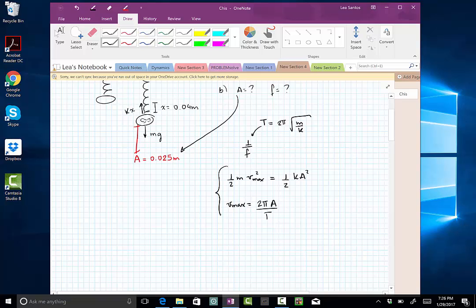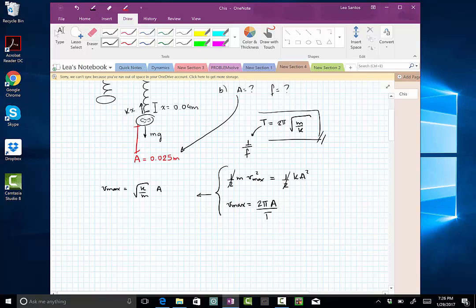Combine these two equations, and we can find the one for the period. So this should not be too hard. What we get combining these two equations, well, I can cancel these halves. I have that the maximum speed is equal to square root of k over m multiplied by A.